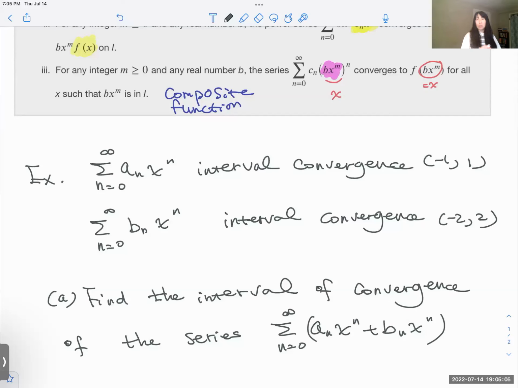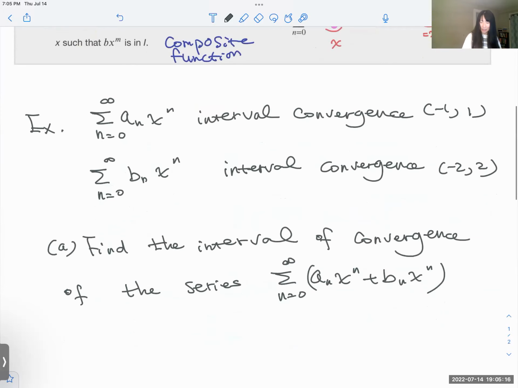Okay, so look, we're just going to find the common interval, meaning the common interval of convergence, okay? So look, easy.